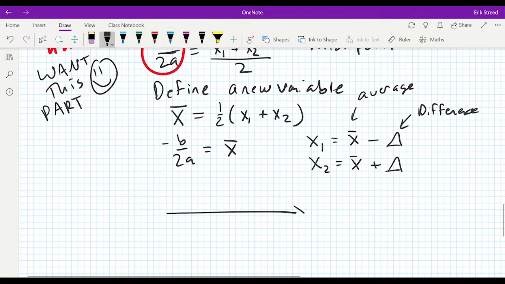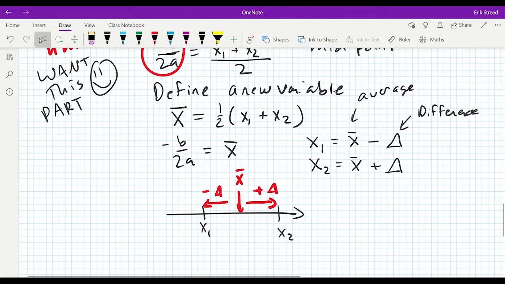So if you think about what this looks like, we've got x1 and x2, and instead we're going to talk about some location x bar and going plus delta to get to x2 and going minus delta to get to x1. So we've still got two variables, so that's okay.